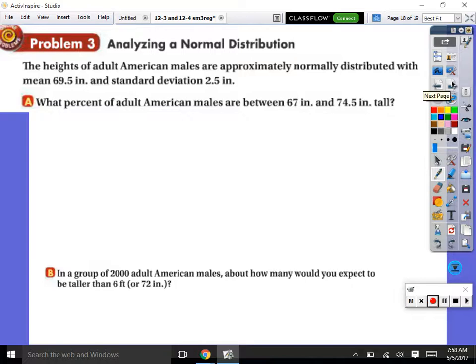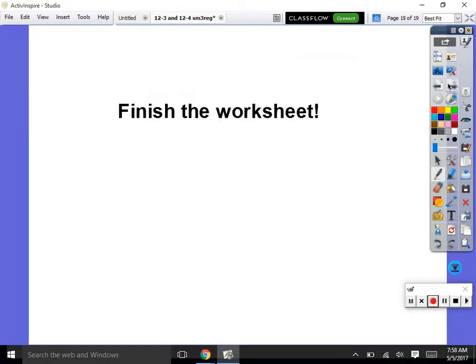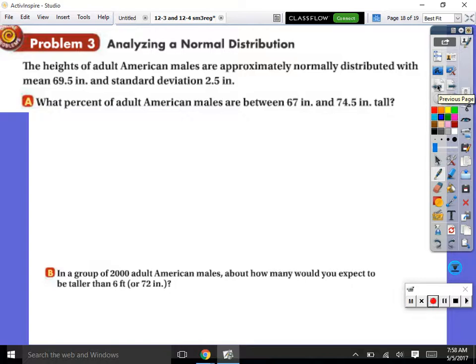Okay, so let's do one more example to make sure we're good, and that's all you have to know. It's that easy. So here we go. It says, the heights of adult American males are approximately normally, this is true, approximately normally distributed. So let's see where you're at, like what height you're at. If you know, then you'll see where you fall within the world. So let's look here, men out there.